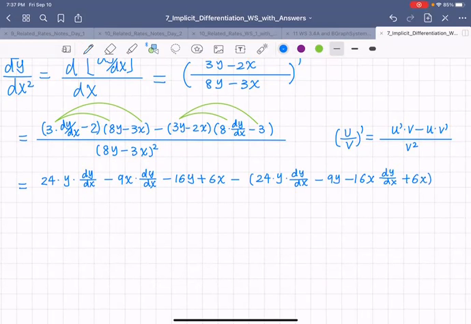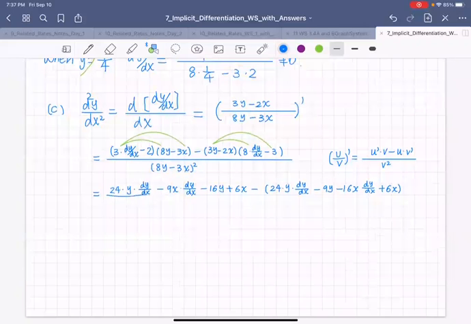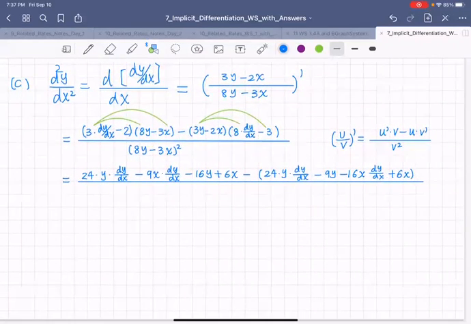I say, oh my gosh, this is so ugly. But it's okay. Somebody will be gone. Did you notice that somebody will be gone? Who is that guy? 24y. Correct? Yeah.